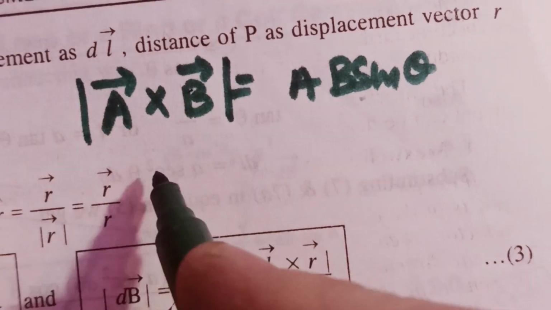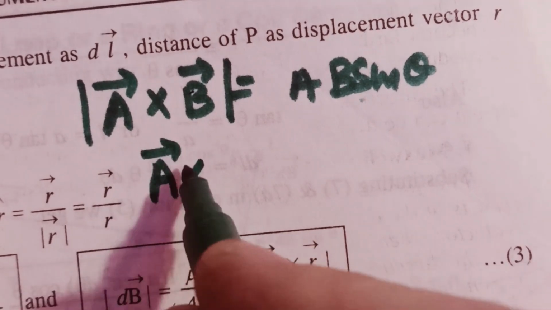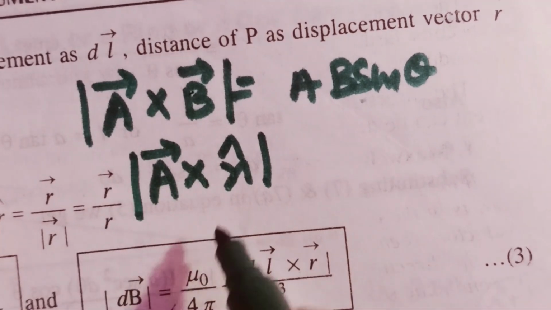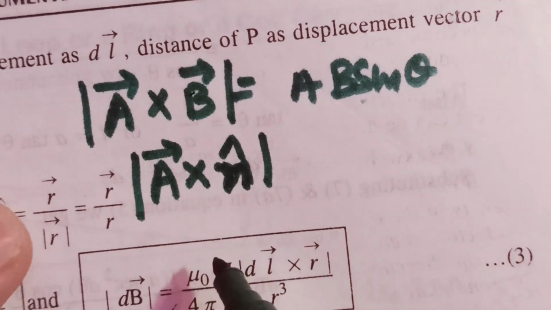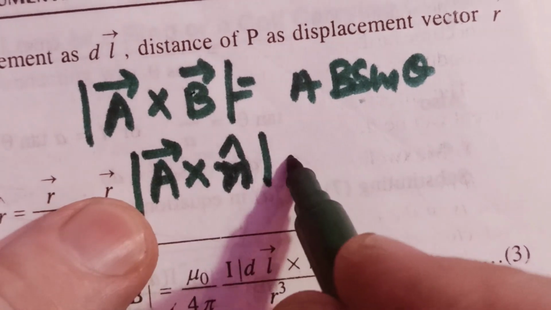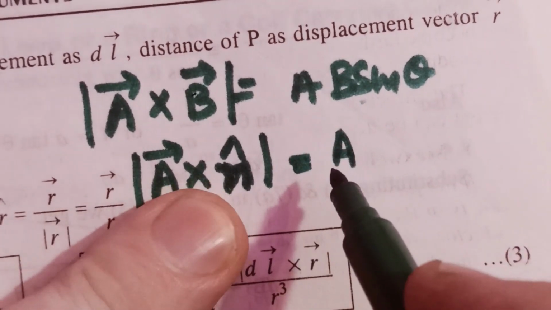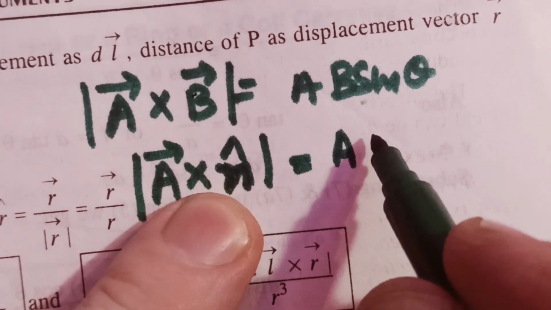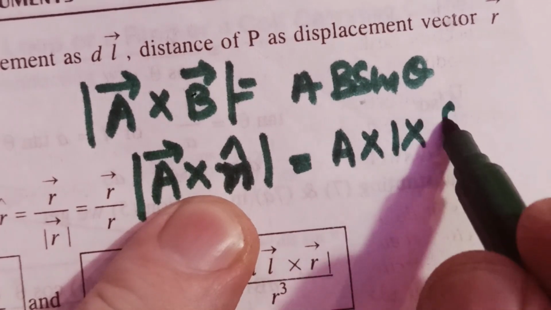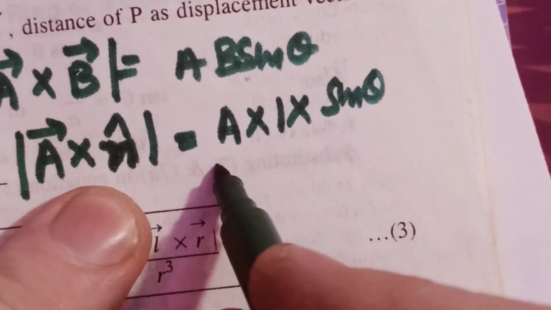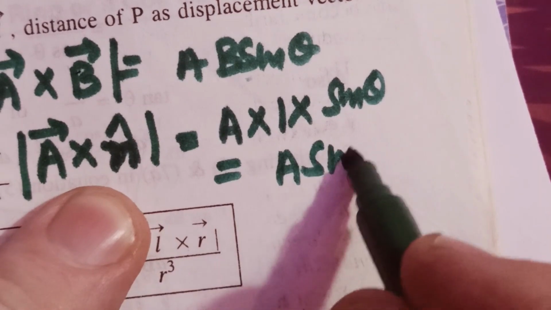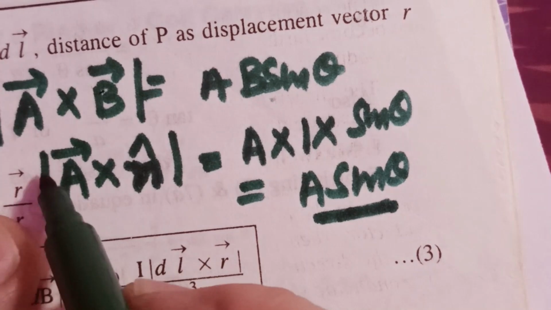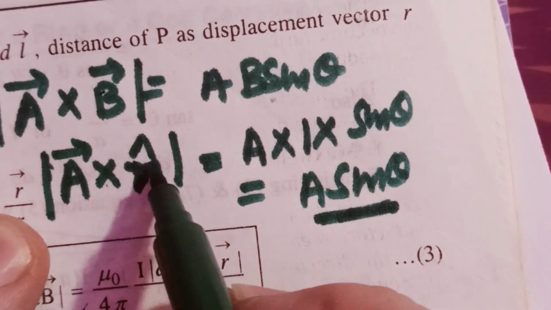If I write A vector cross n cap, then it becomes A. N cap is a unit vector. The magnitude of unit vector is 1. So A into 1 into sine theta means A sine theta. So A sine theta means magnitude of A vector cross n cap.